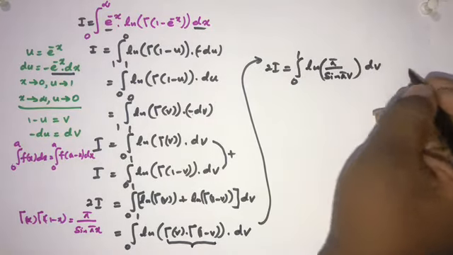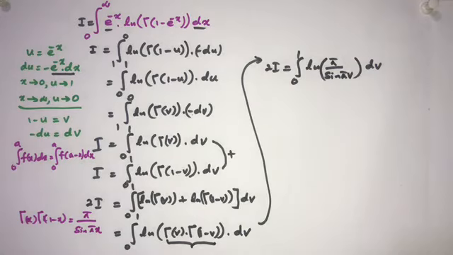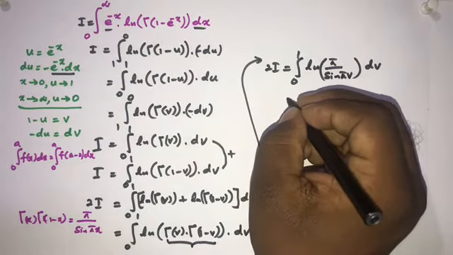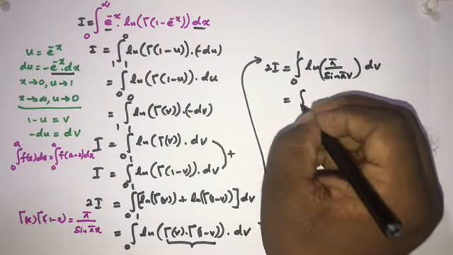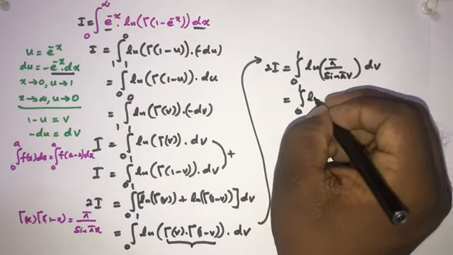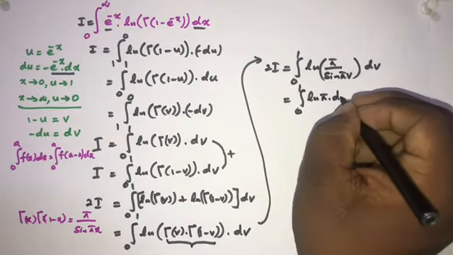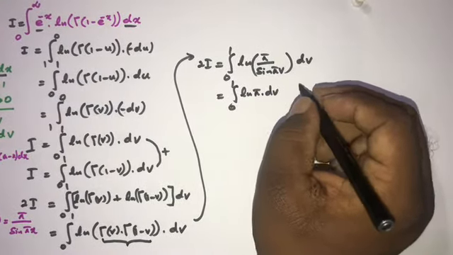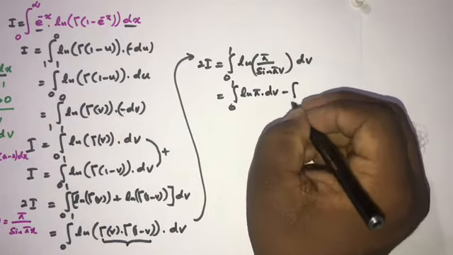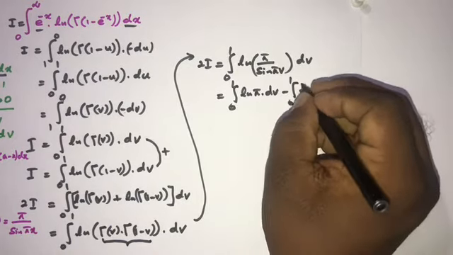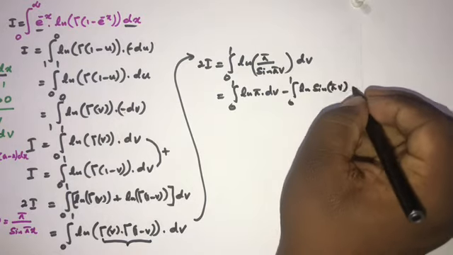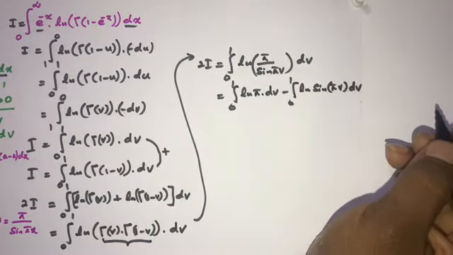Again according to the property of natural log, we can split this integral into two integrals. So 0 to 1 natural log of pi dv minus 0 to 1 natural log of sine of pi v dv.